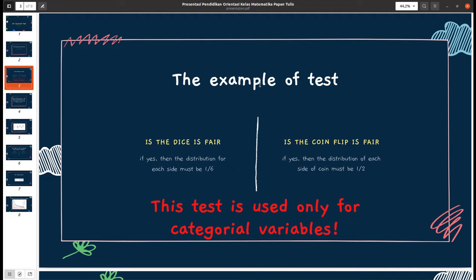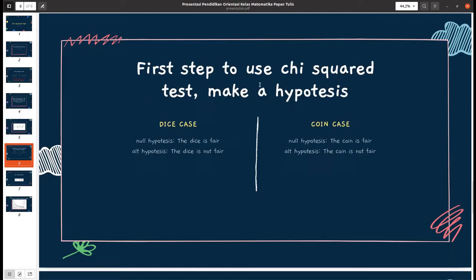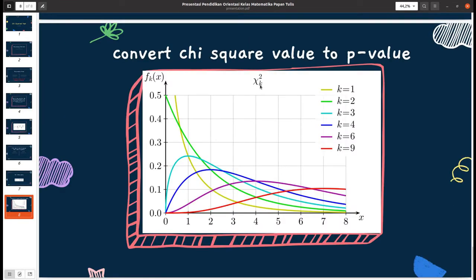The formula is the number of data minus 1. Because the coin data is just 2, minus 1 is only 1. So this is the simple example.